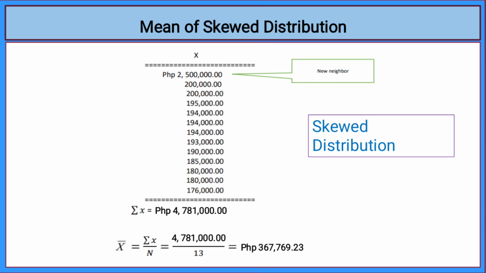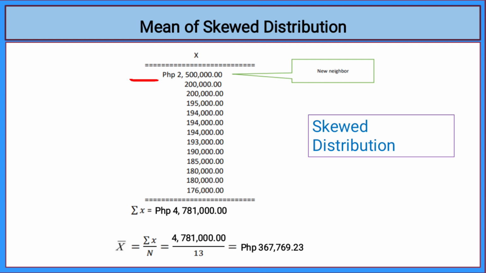So for instance, let us consider this example of annual incomes, but this time with some adjustment. So let us introduce another score. As you can see at the top here, we have 2,500,000 pesos. So the annual income of an affluent new neighbor who happened to move to this town just recently.